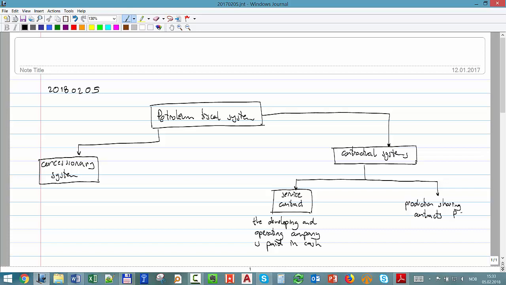Also abbreviated PSC. In these arrangements, the company gets paid in production. You are assigned a production share.